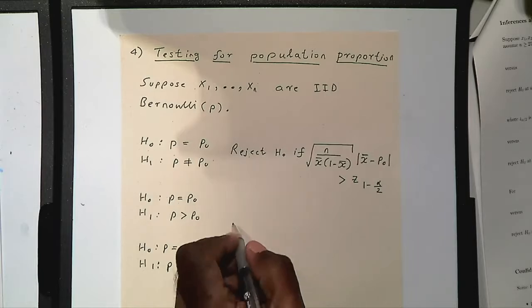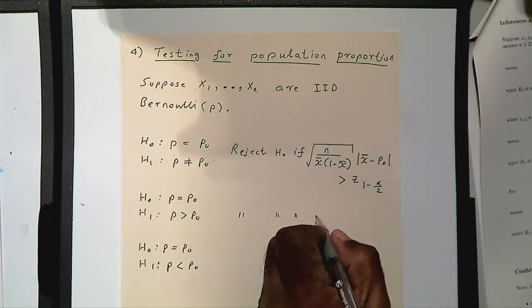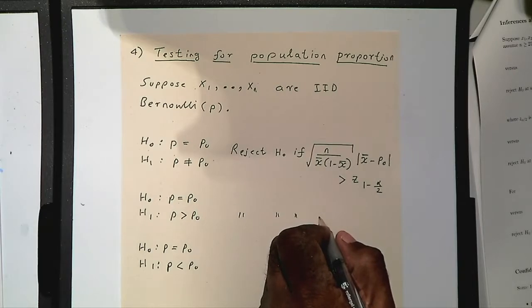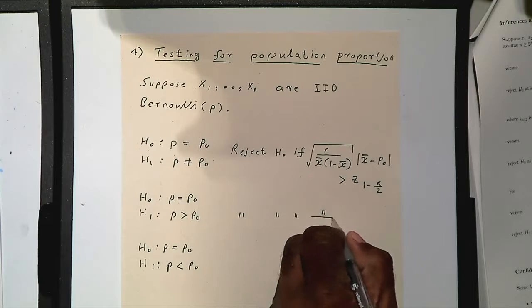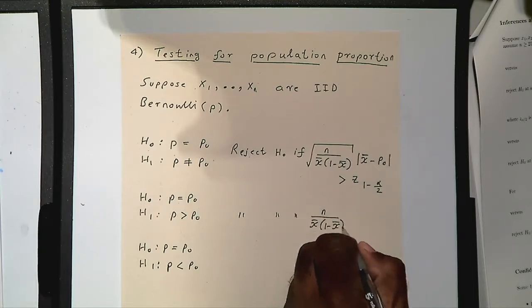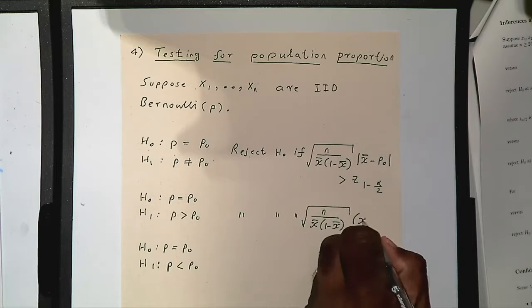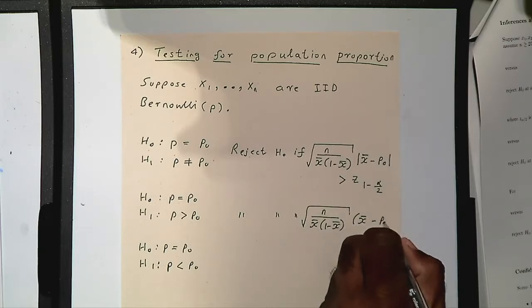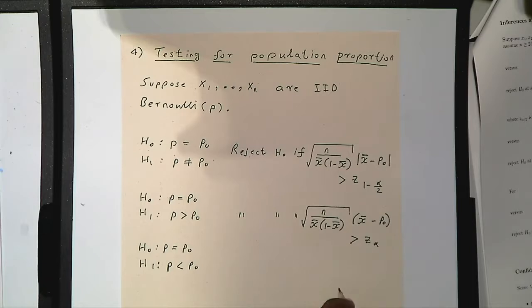For the second one, right, this is the rule for rejecting the null hypothesis.